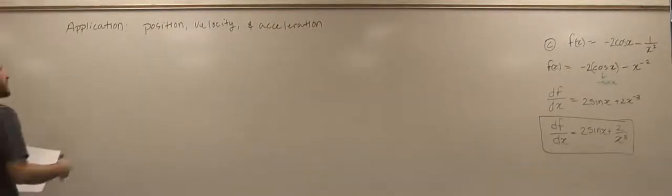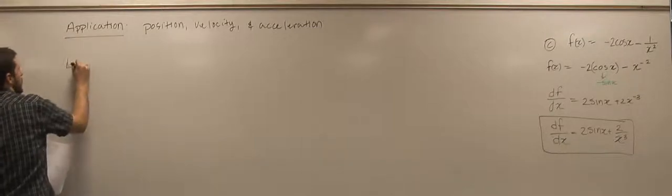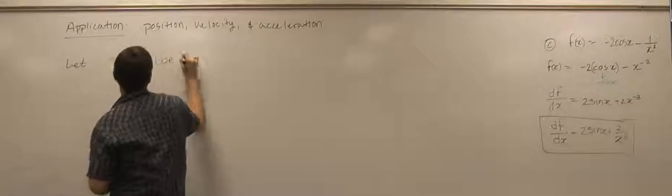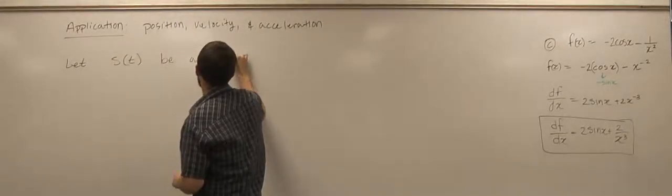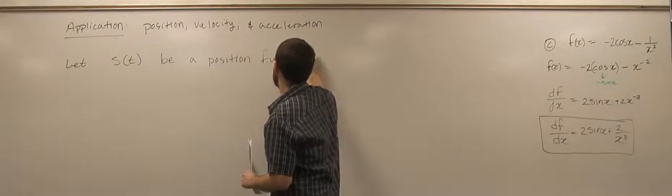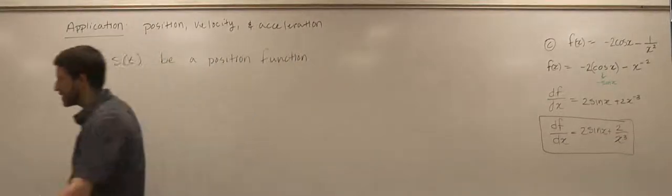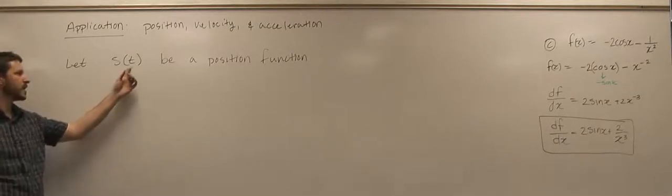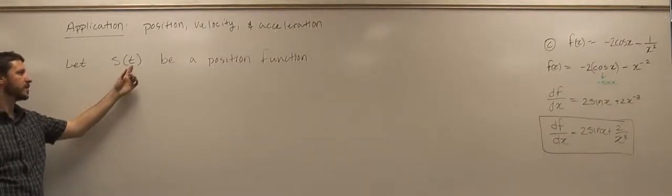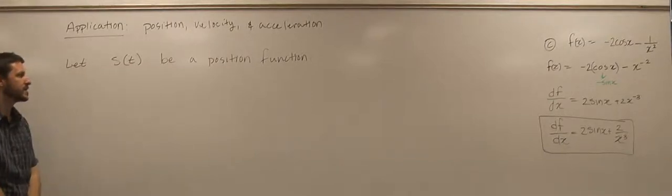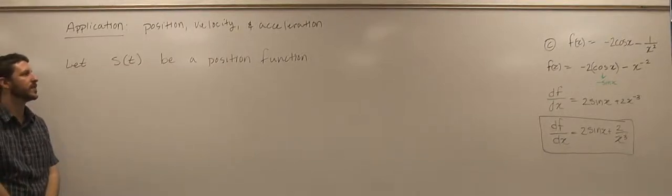So let s of t be a position function. What that means is this is a function that tells you the position of an object as time varies. It might be its position on the y-axis or the x-axis, but in some way it's giving you a position as time varies.